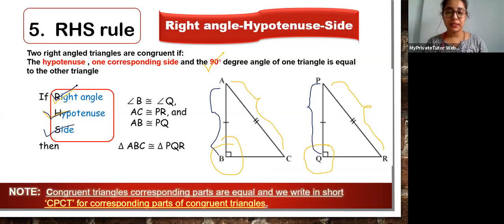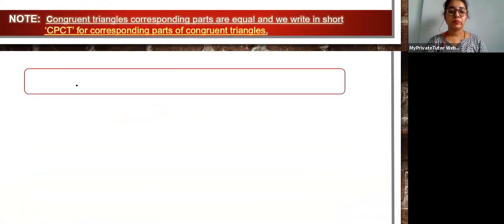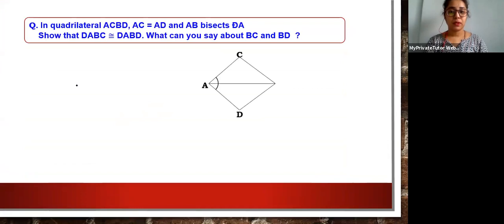Okay, so let's get into the questions now. The question is, in quadrilateral ABCD, AC is equal to AD, they have already given us.